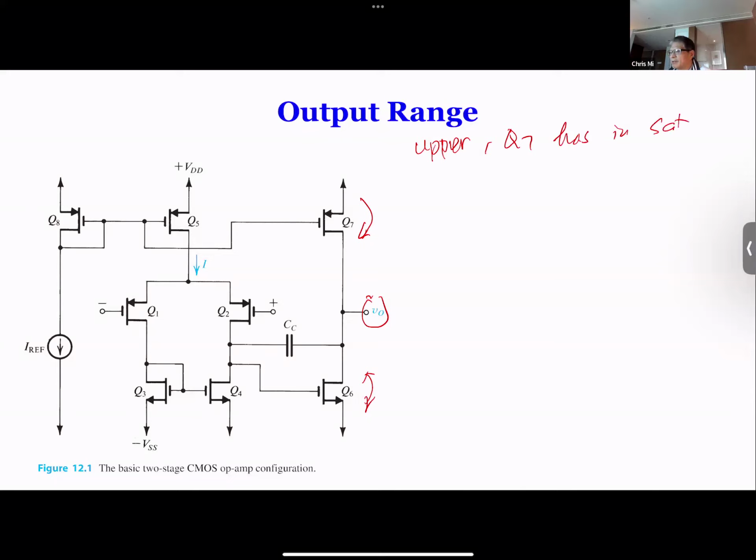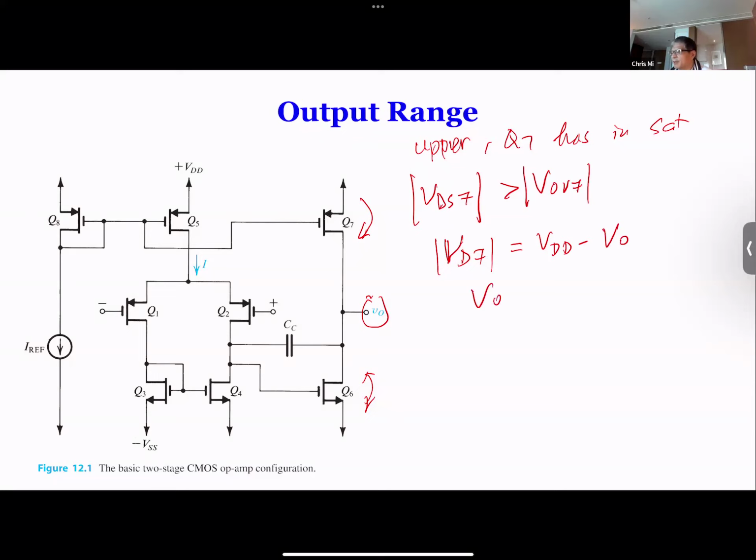Q7 in saturation, which means VDS7 absolute value, again, this is PMOS, has to be larger than VOV7. Again, absolute value, but VDS7 equal to VDD minus VO.